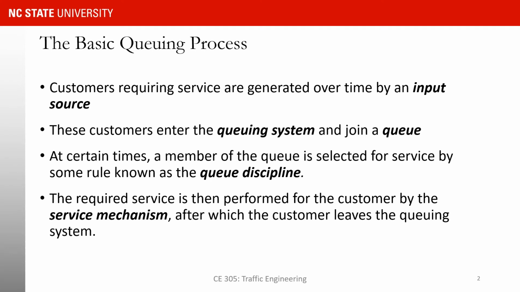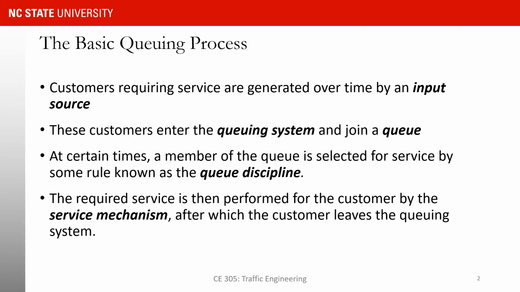So let's think for a few minutes about a queuing process. What happens when we have a queuing system? So if you think about it, you have customers, people that require a service, and the number of these customers is something that is generated over time.